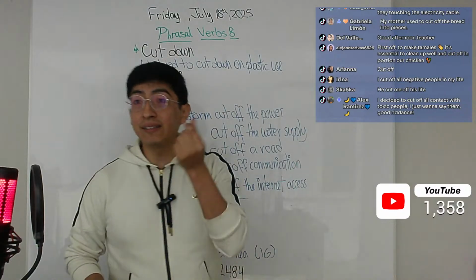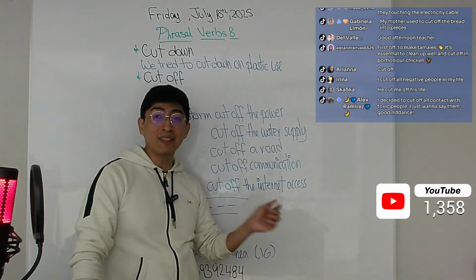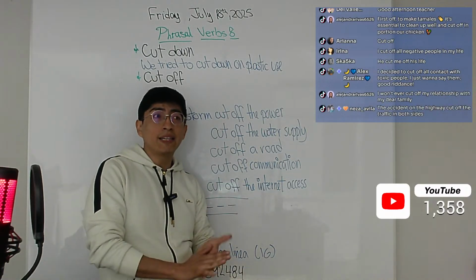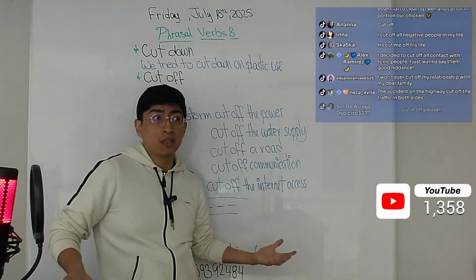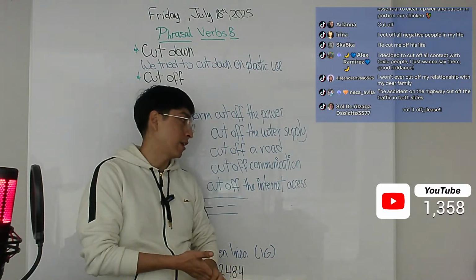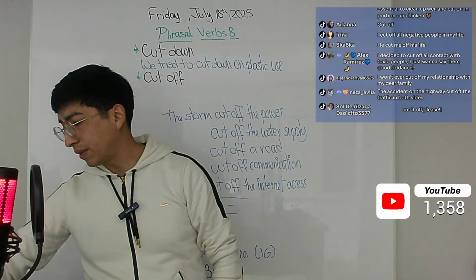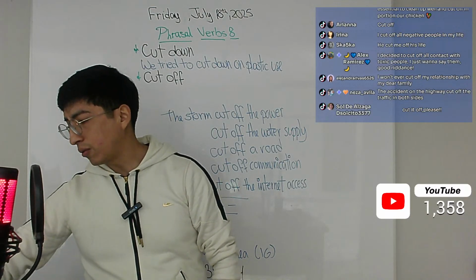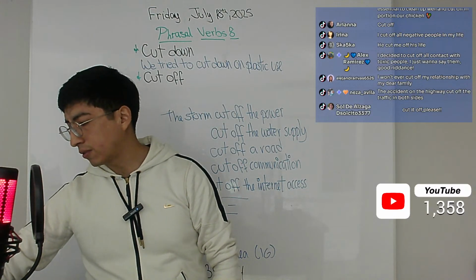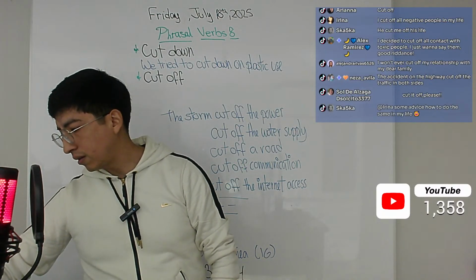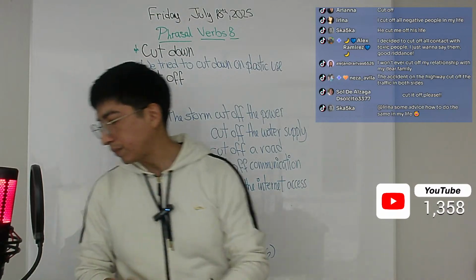Okay. I didn't pay this month, so the company cut off my internet access. I don't have internet right now. Okay, you can say that all. Very good. That would be in this case some of the examples that we're going to use here.